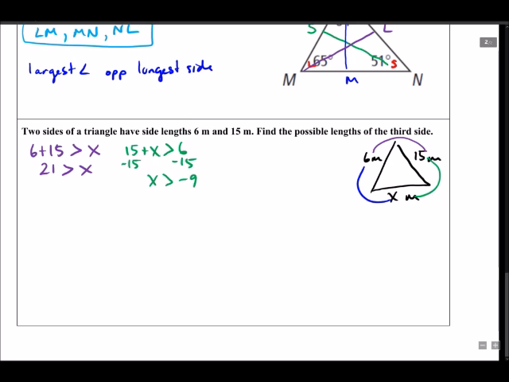And our third set, x plus 6, is greater than 15. And subtract 6 from both sides, so x is going to be greater than 9. That's right. So we know that we are going to use this one and this one.